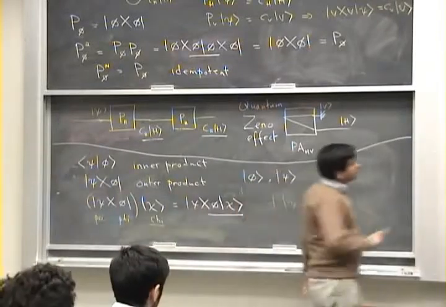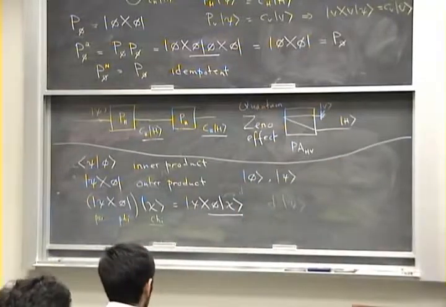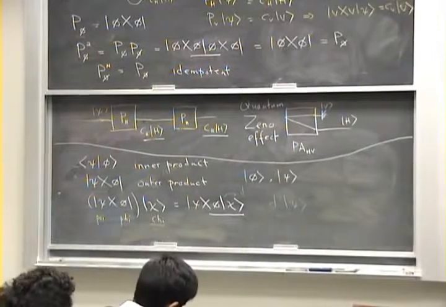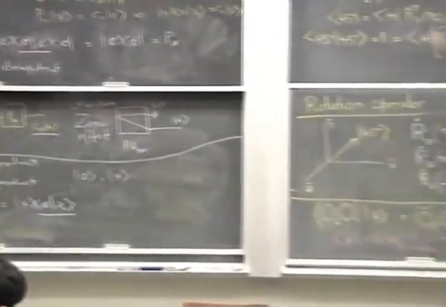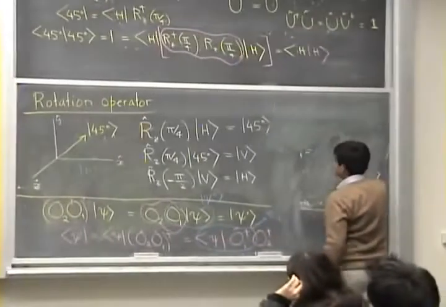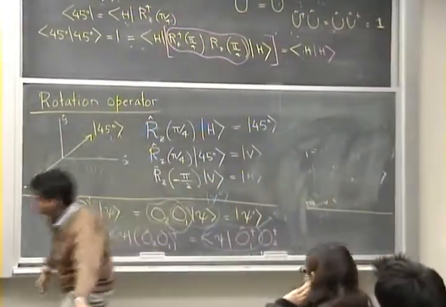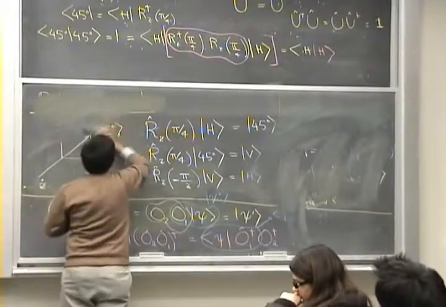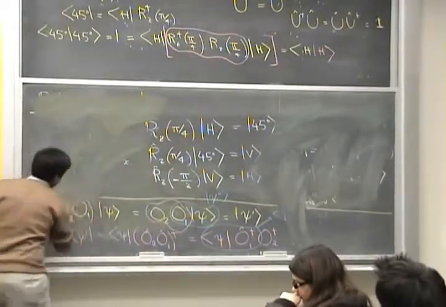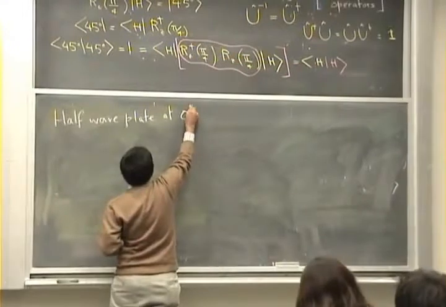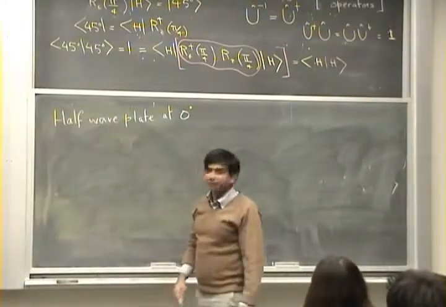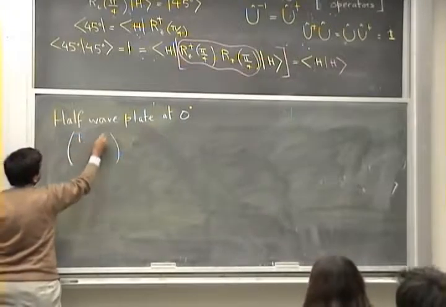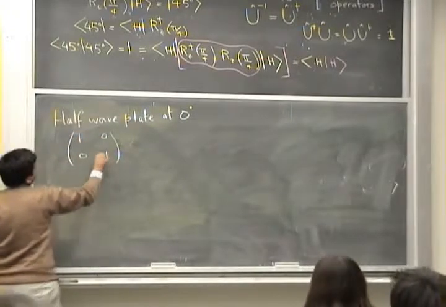Now one thing I would like to finish off this class with, though this is too short a time for a quantum mechanics class. We know that the transforming matrix for this half-wave plate goes like this: 1, 0, 0, minus 1.